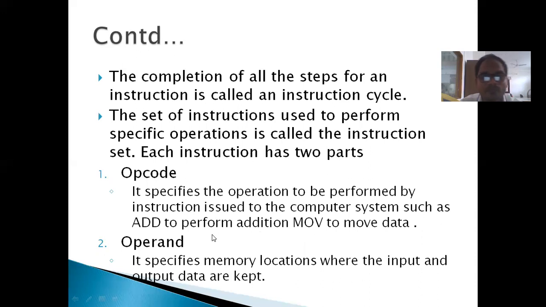So among the two, the first one is opcode. It gives the instruction what to do, what action has to be taken. Now the second one is operand. It specifies the memory location where the input and output data are kept.